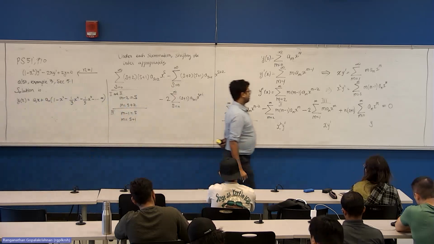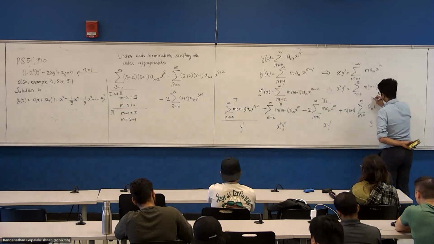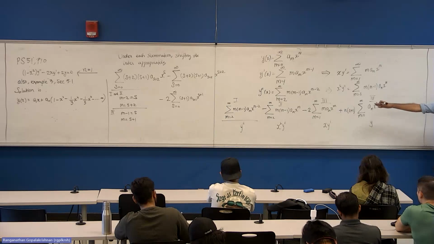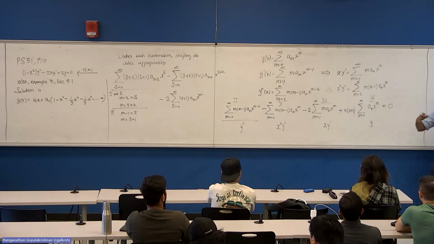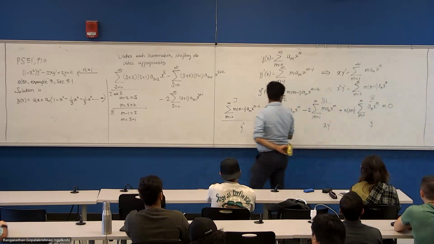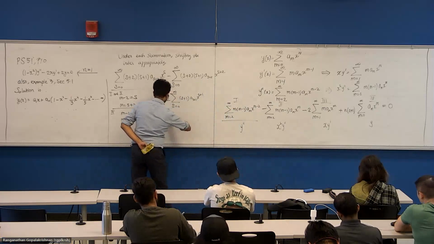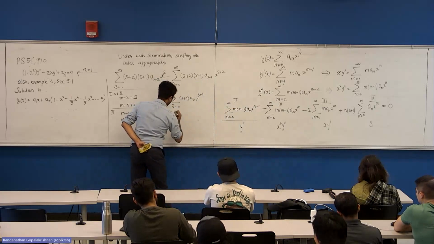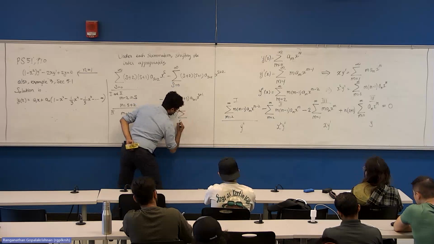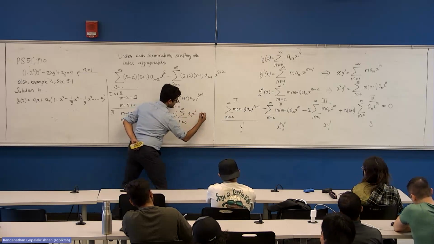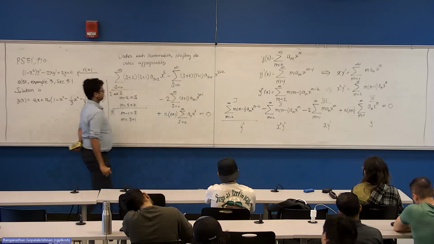If I call this summation number 4, I don't have to do anything here, but I'll start using s instead of m just to keep it consistent. So I'll have plus n times (n plus 1) times the sum as s runs from 0 to infinity of a sub s, x power s, and the whole thing is 0.